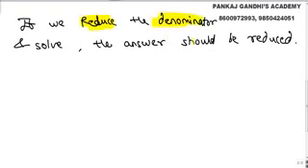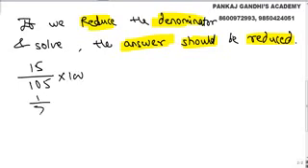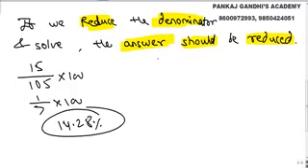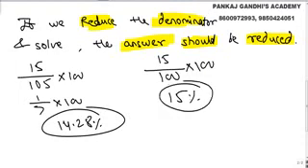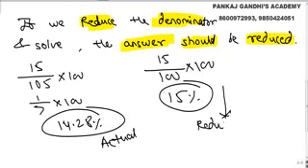For example, let's say it's asked 15 by 105, we know it's 1 by 7, that is 14.28%. But if someone solves it by making it 100, we have reduced the denominator and solved it. To get the actual answer, this answer should be reduced.